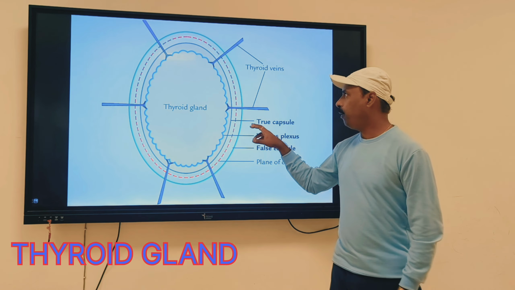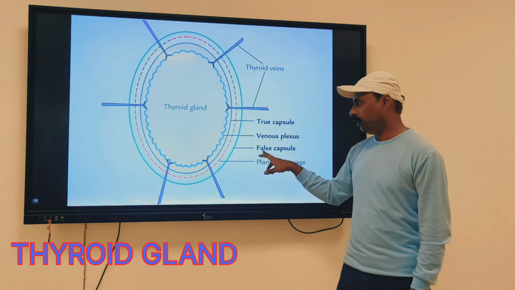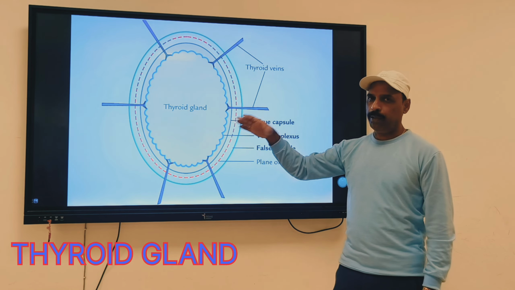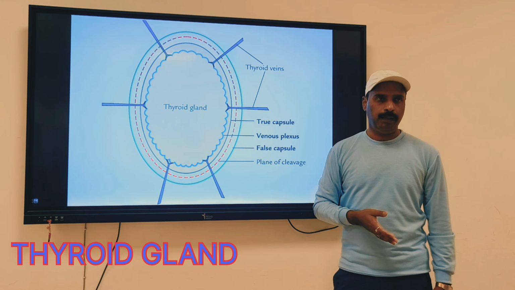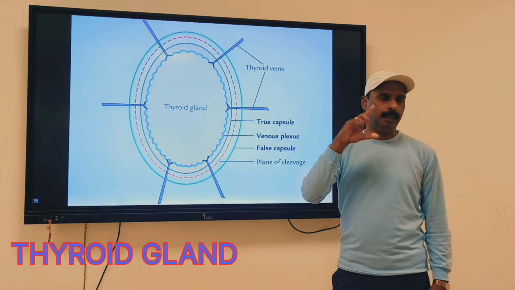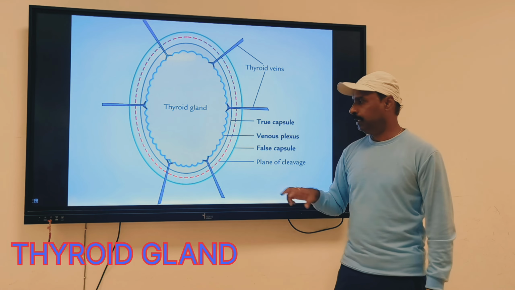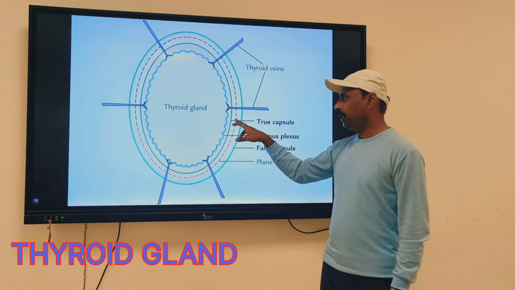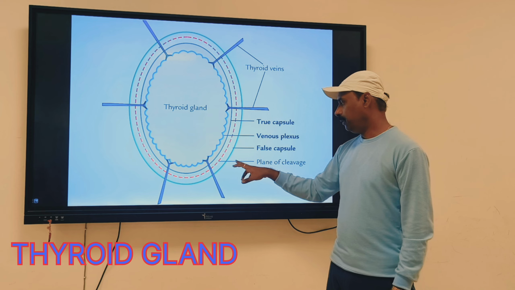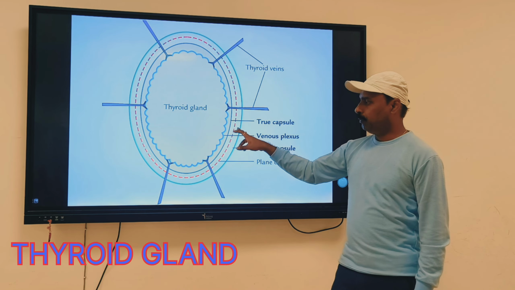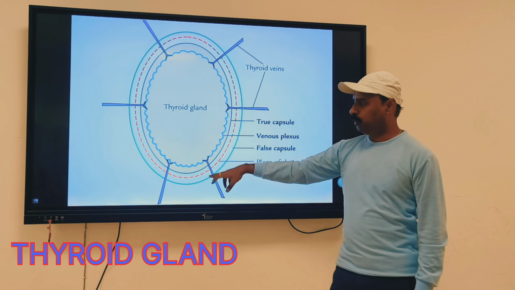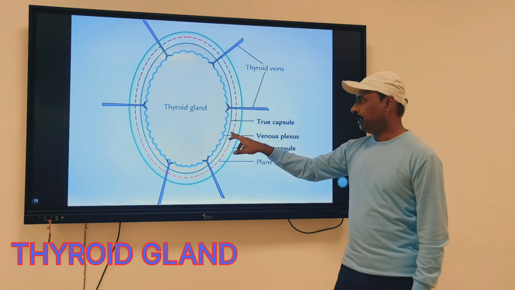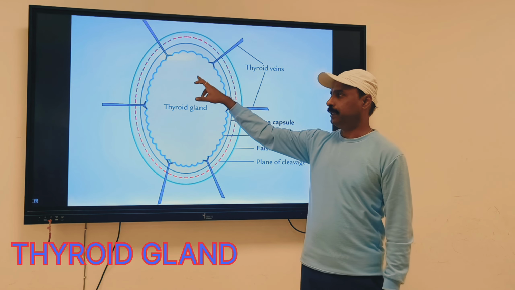One is the false capsule, which surrounds the gland. When we take a section of the thyroid, the outermost covering is the false capsule. The second is the true capsule, and between the true and false capsule we get the venous plexus.